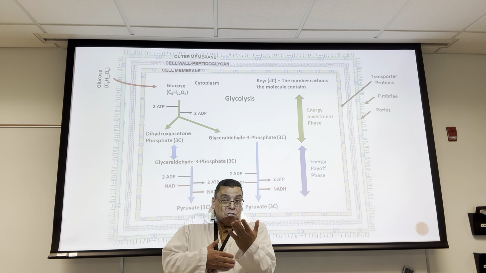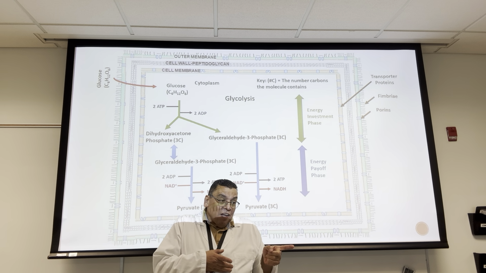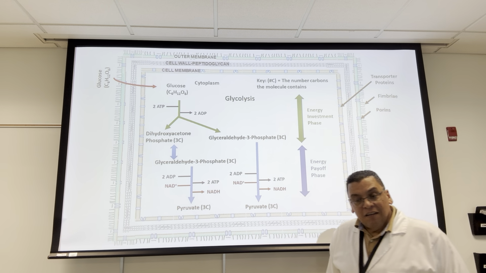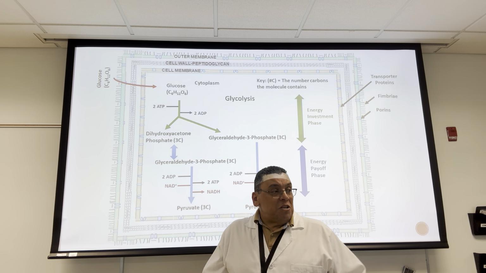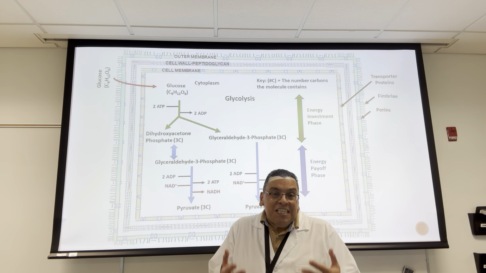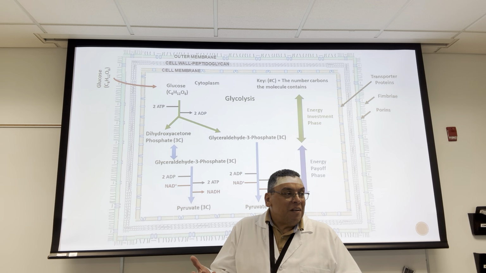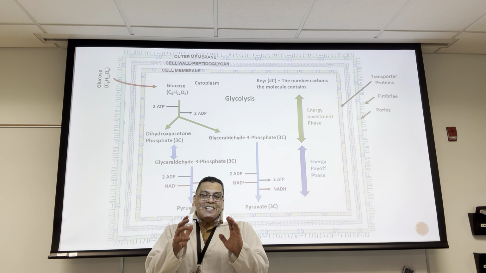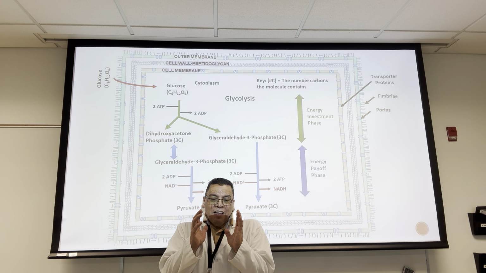It would be foolish to go this way and then be surprised at the end: oh, oxygen is not here. The cell is dead at this moment. So it doesn't want to die like that, and it decides to do this cleverly.